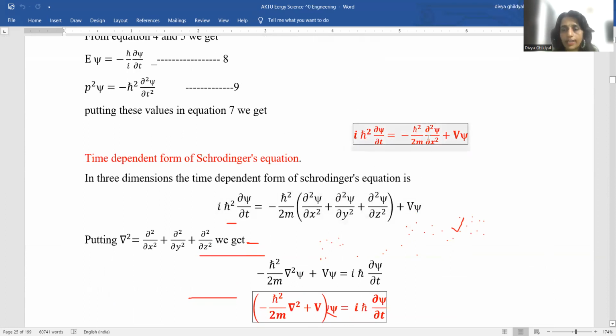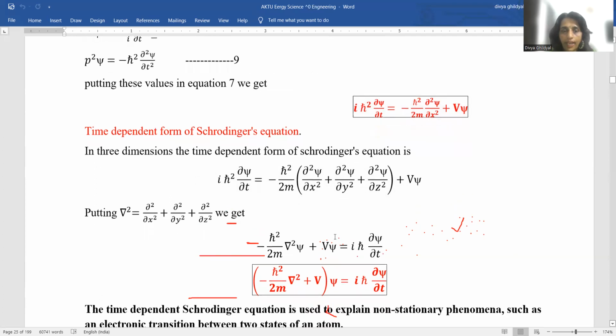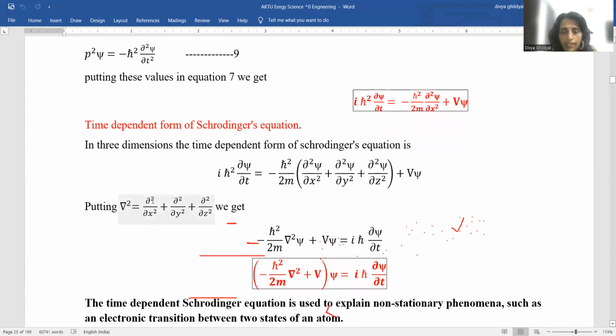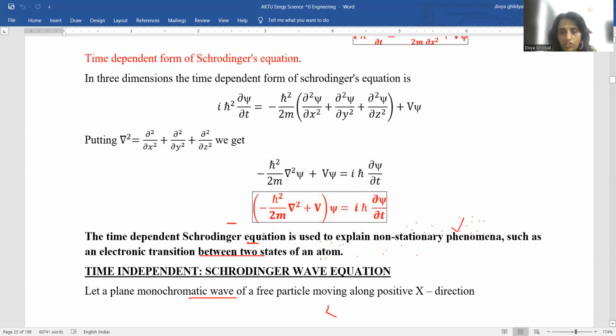If I want to write this expression in 3 dimensions, then I will just replace my del 2 phi by del x2 with del 2 phi by del x2 plus del 2 phi by del y2 plus del 2 phi by del z2, and using the symbol del equal to del by del x plus del by del y plus del by del z, I get my Schrodinger equation as minus h bar square upon 2m del square plus V into wave function phi equal to i h bar del phi by del t.